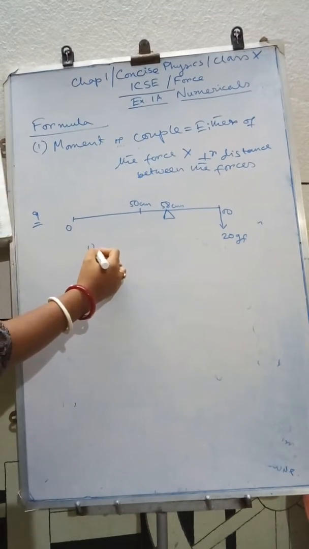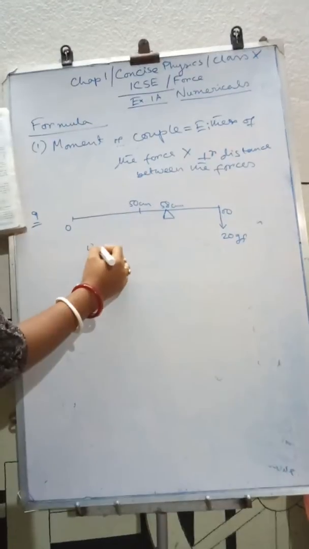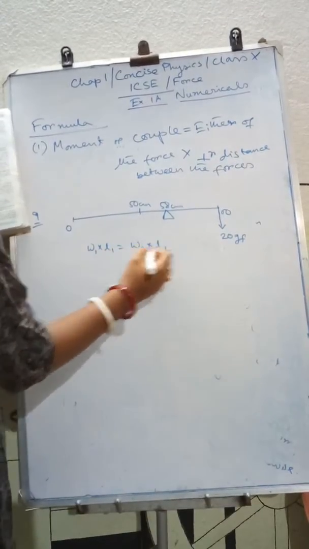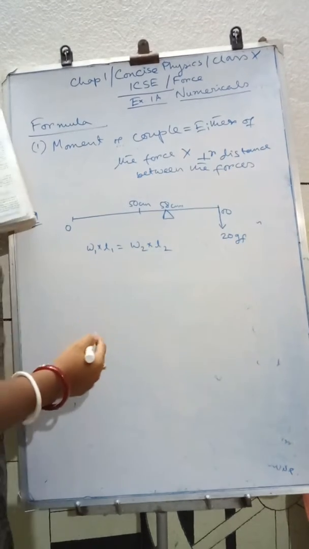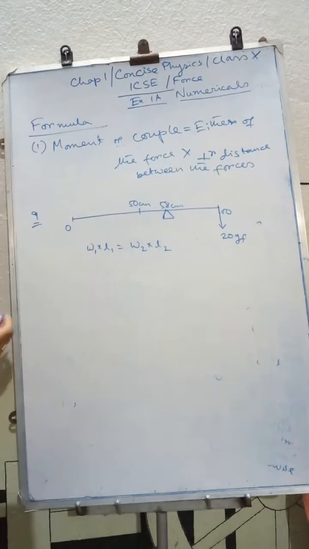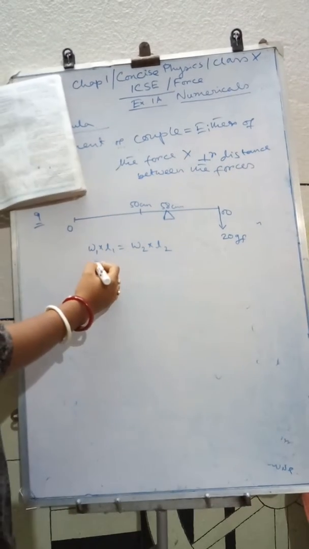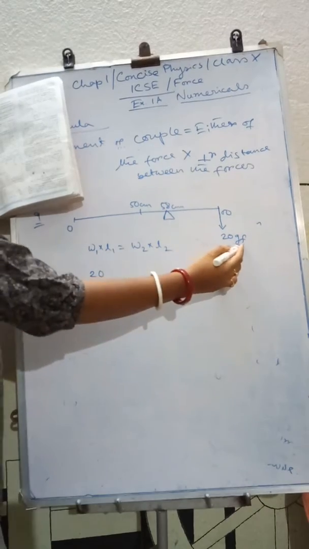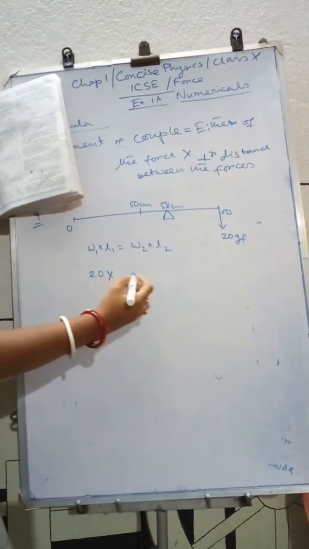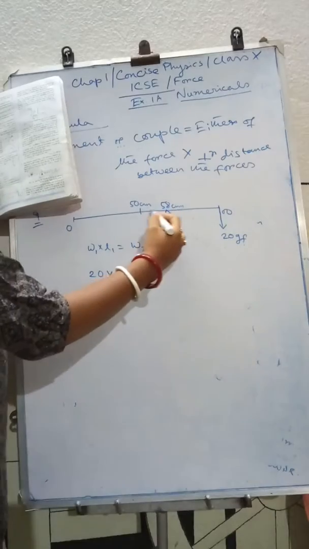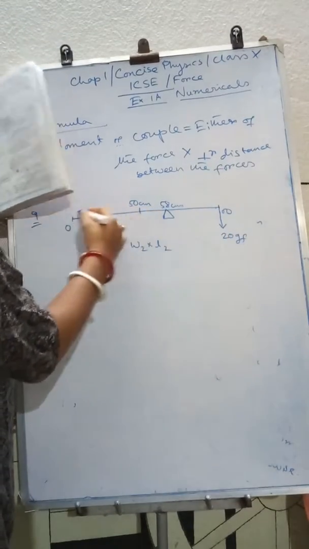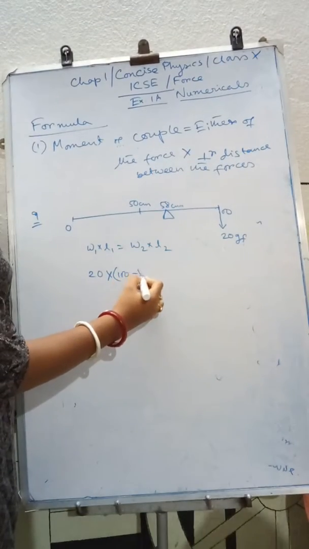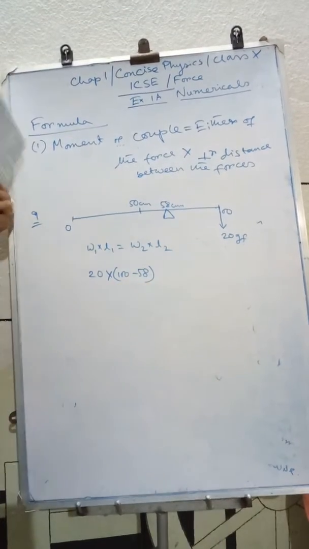Here we have to also apply this formula. W1 L1 equals W2 L2. W1 is 20 gram force and L1 is, the total is 100, so L1 will be 100 minus 58.